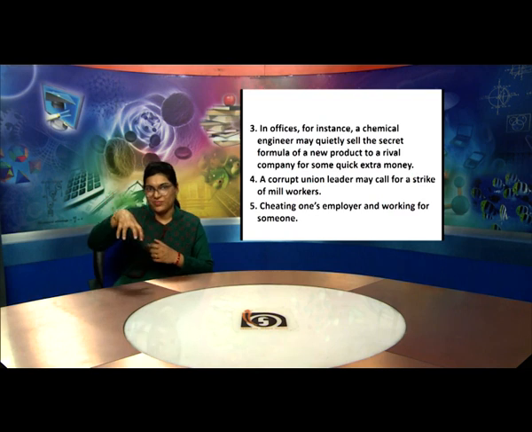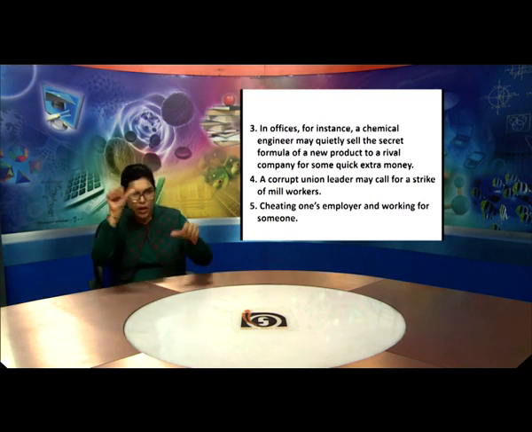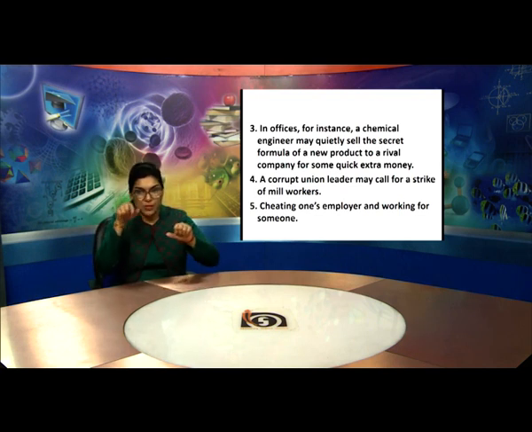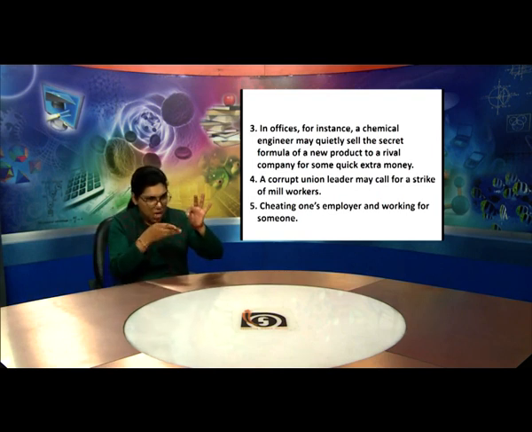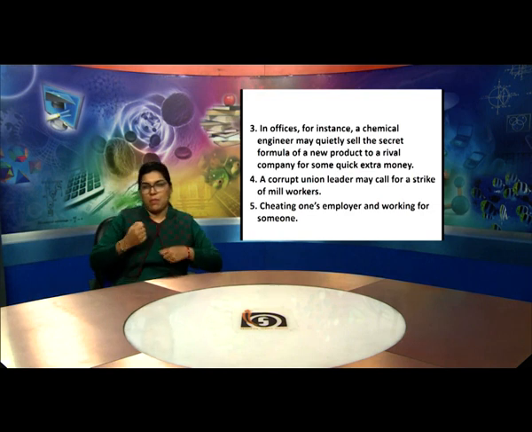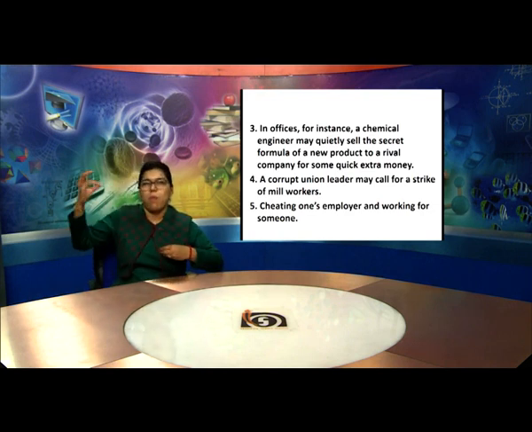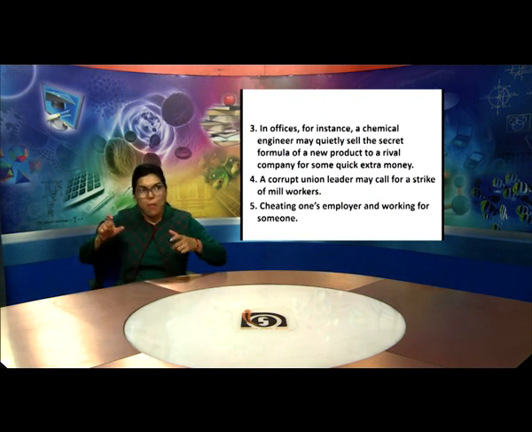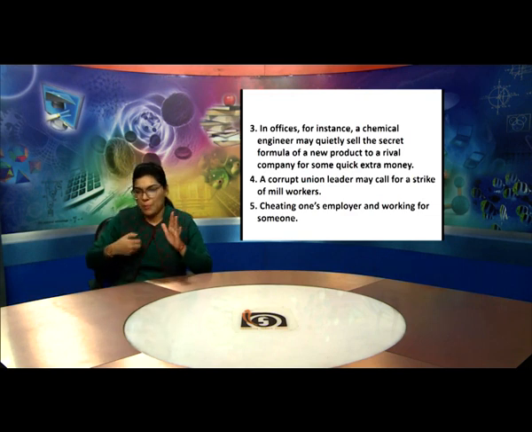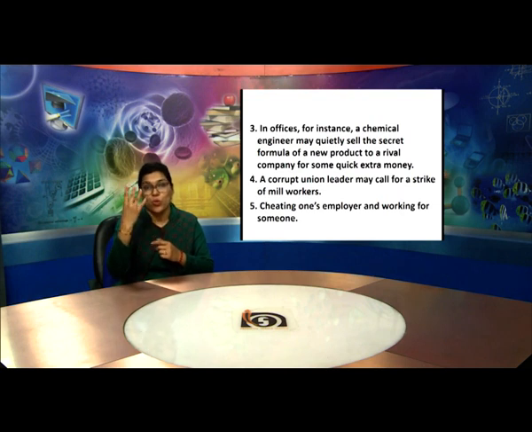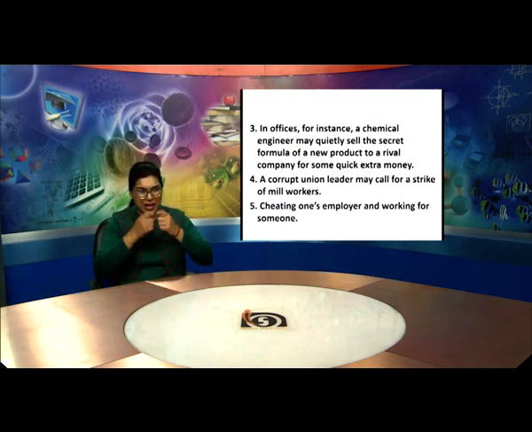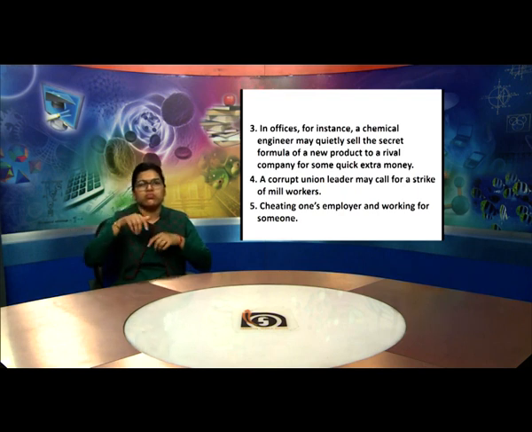The third point explains that in offices, for instance, a chemical engineer may quietly sell a secret formula for a new product to a rival company for some quick extra money. So being disloyal this way is not correct. Making extra money by doing something wrong is also not correct.